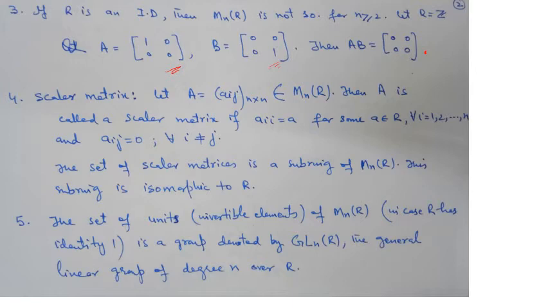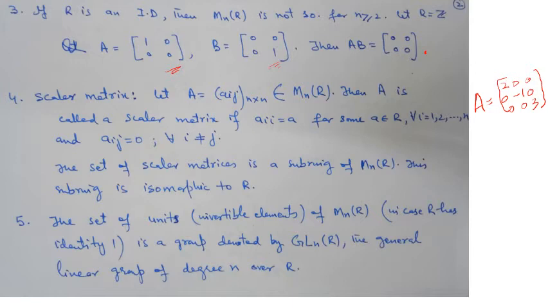For example, over Z, we take say 3 cross 3: 2, 0, 0, 0, minus 1, 0, 0, 0, 3. So this is a diagonal matrix. And if all diagonal entries are the same, then this is called a scalar matrix.